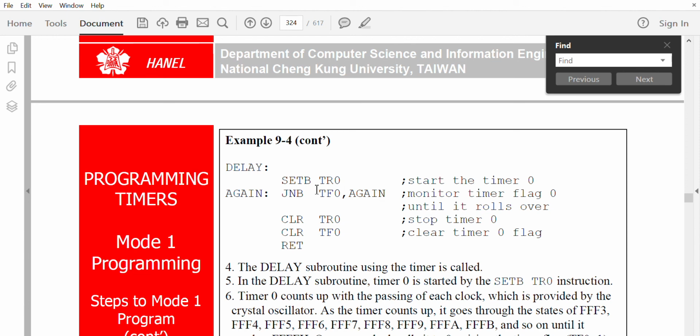Once TF0 is equal to 1, that is, FFFF to 0000, it goes out of the loop, clears TR0 and clears TF0, and then returns. So this is just as the algorithm goes. We have written the program.